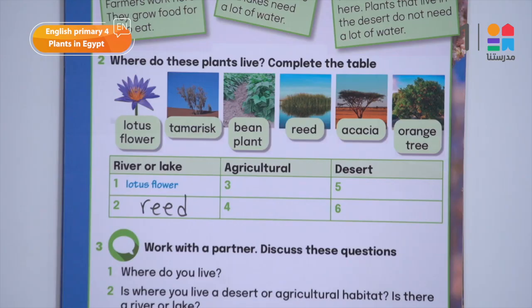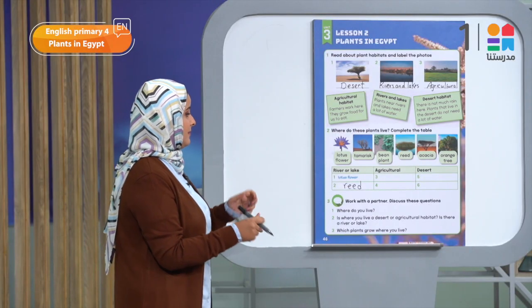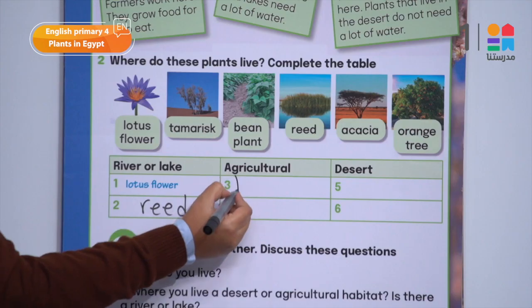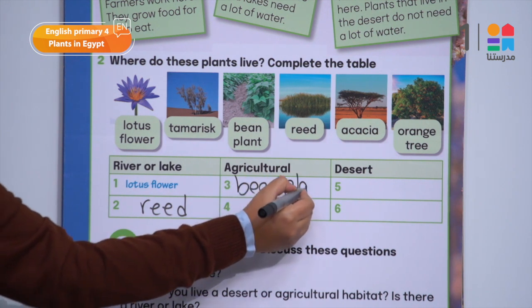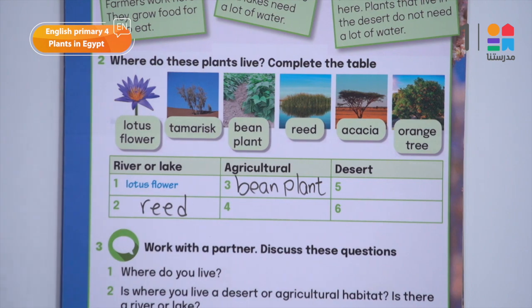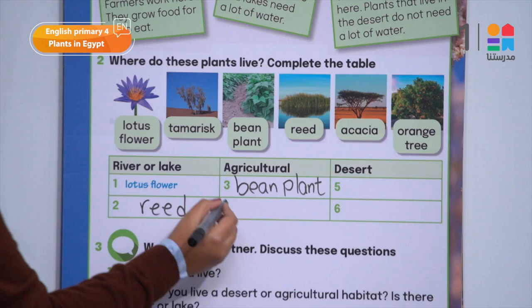Which plant grows in the agricultural habitat? Very good. The bean plant. And the orange tree.